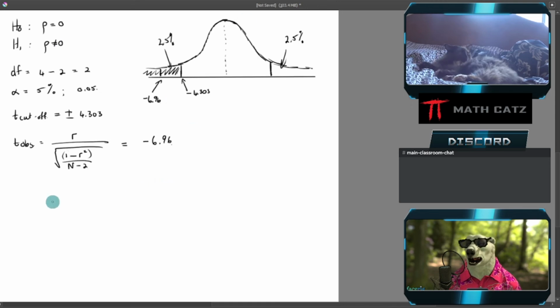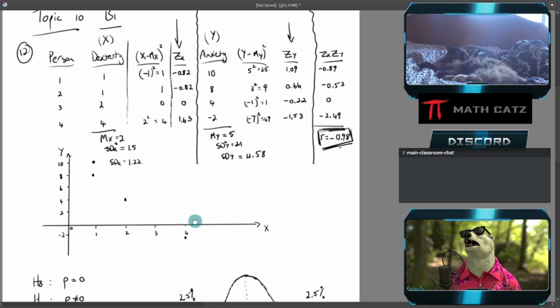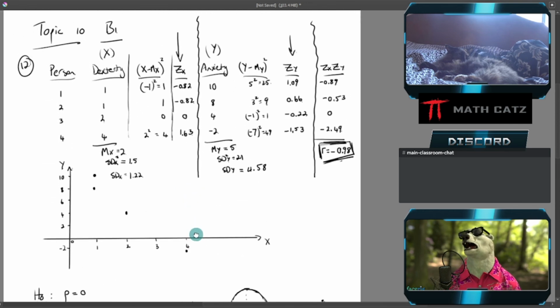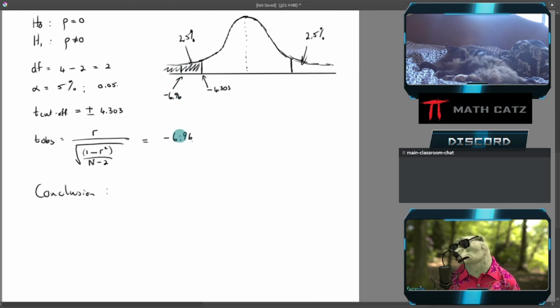So we can write down our conclusion. These are a little bit longer because of all the detail in the calculation we have to do to get the correlation coefficient. That slows us down significantly. But always be aware that the hypothesis test is still there.